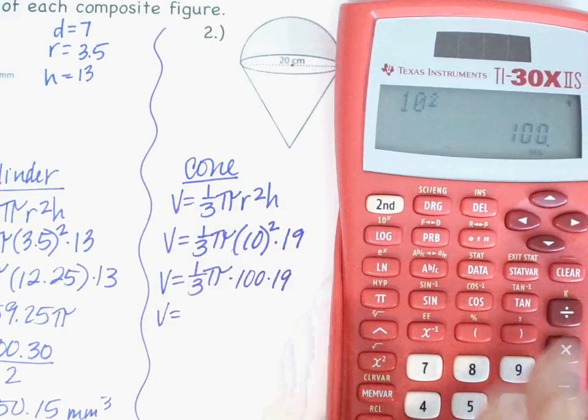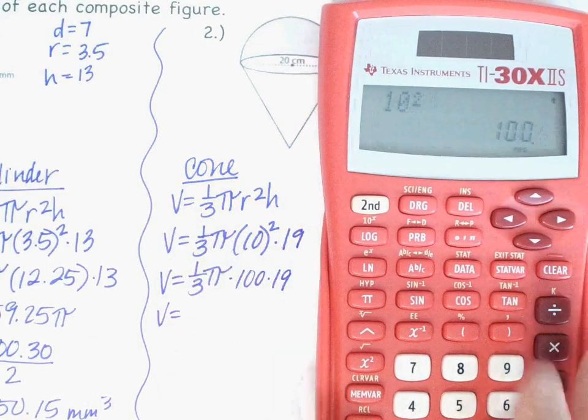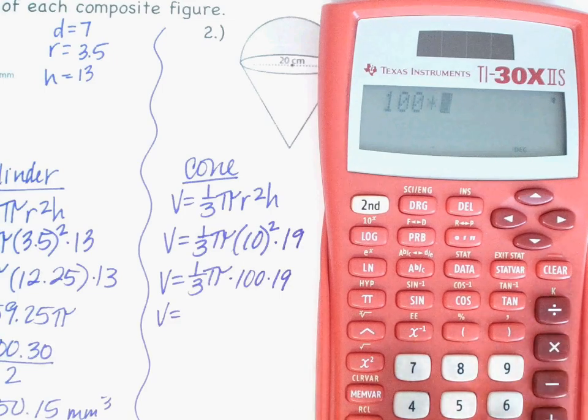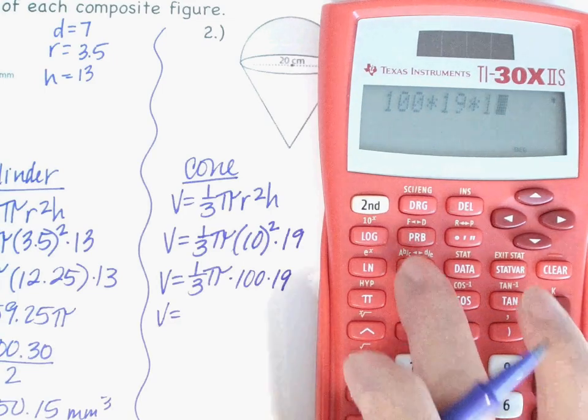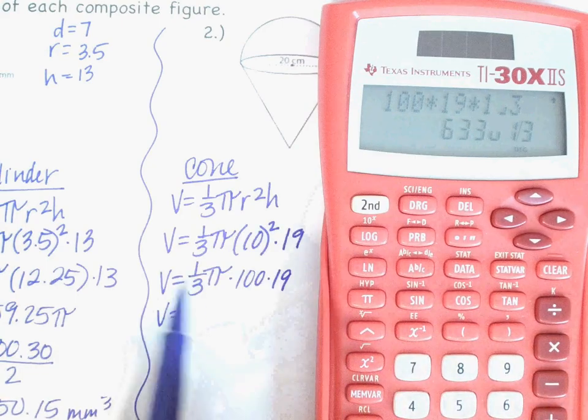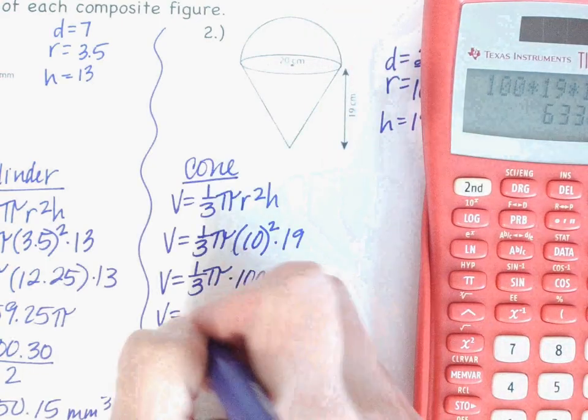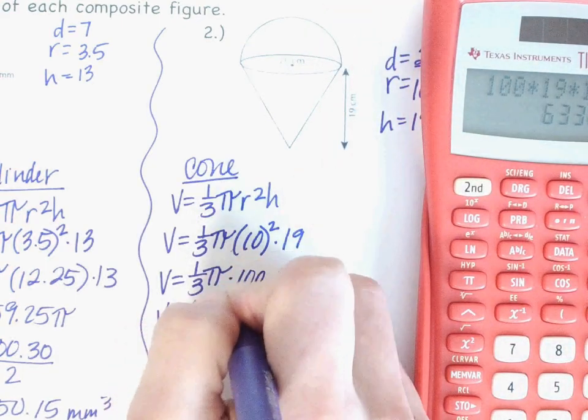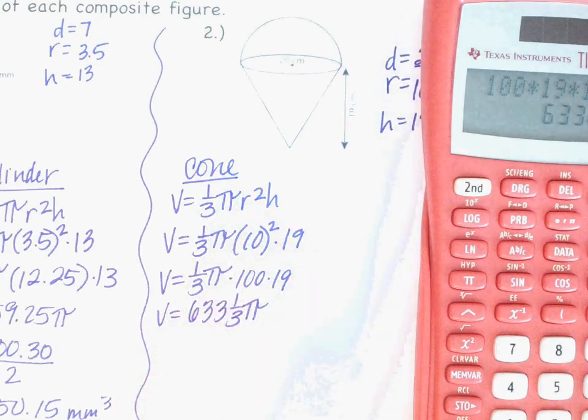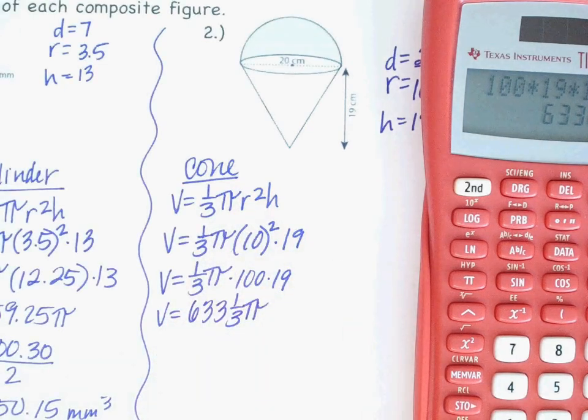And then I'm going to multiply my coefficients together. So this is 100 times 19 times 1/3. Multiply that all together, I get 633 and 1/3 pi. Remember, this is my exact answer.